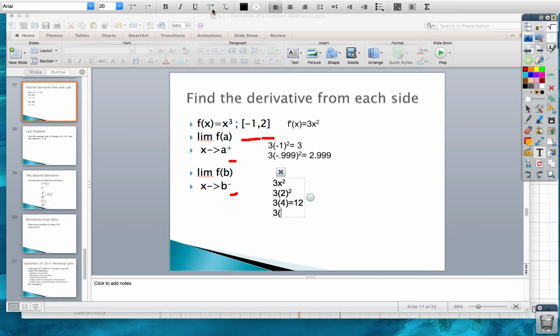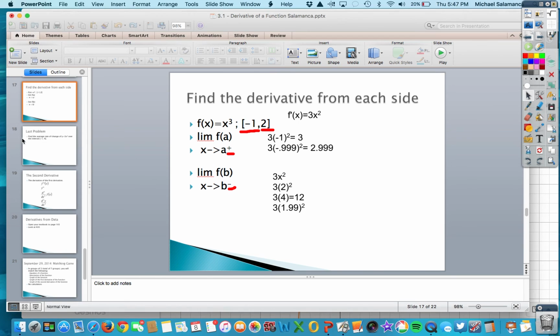Again, if we wanted to be technical, coming from the negative side, we'd pick 1.99 squared, and we'd get something very similar. So this just tells us that they have left and right hand derivatives, which is helpful when we know it's continuous, because if it is continuous, then we know it's differentiable on an interval a, b, or in this particular case, -1, 2.